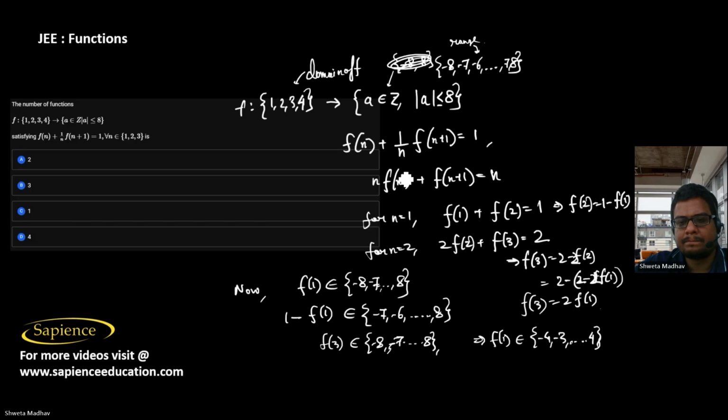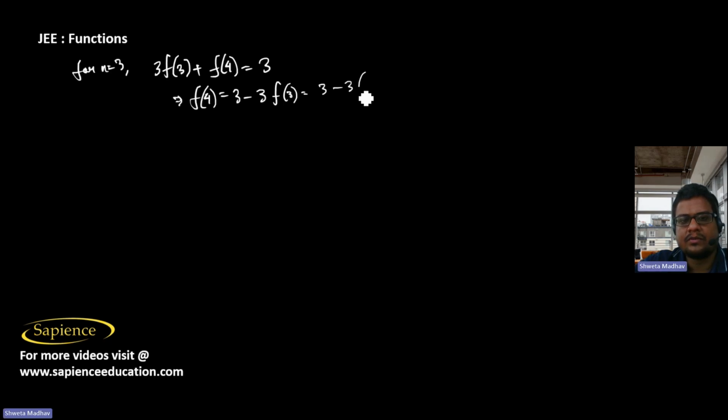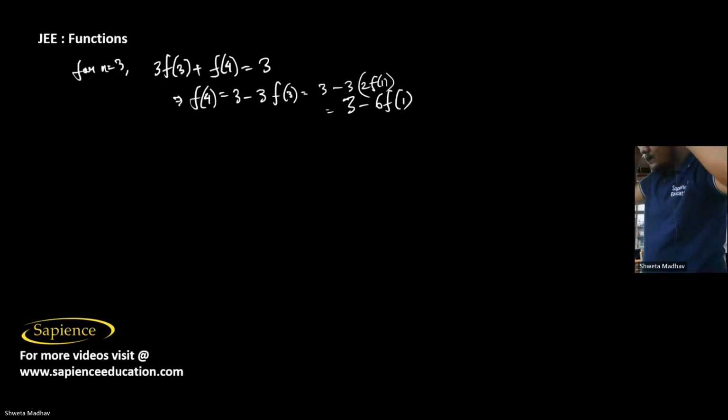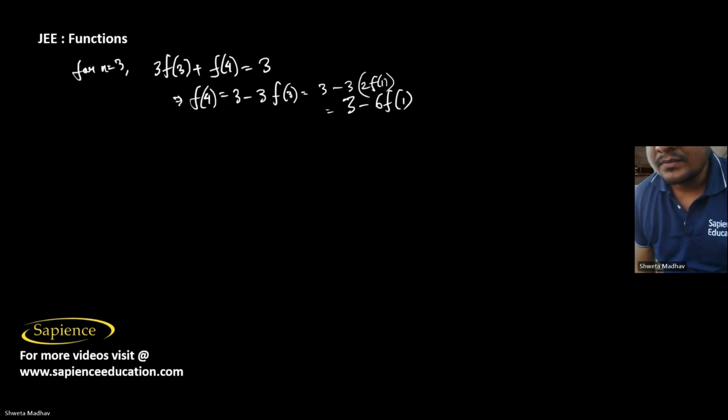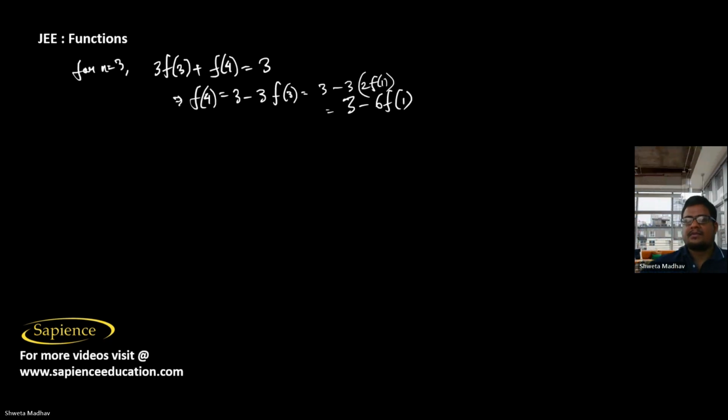So therefore f of 4 will be equal to 3 minus 3 f of 3. That will be equal to 3 minus 3 into f of 3, and f of 3 is 2 f of 1. So it means it will be 3 minus 6 into f of 1.